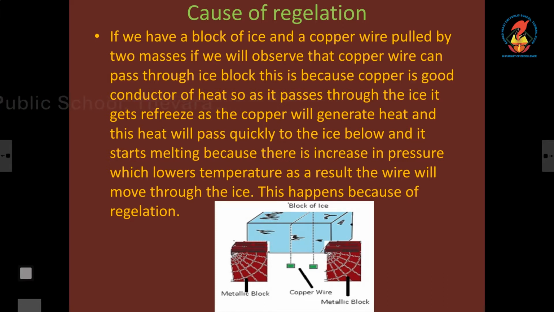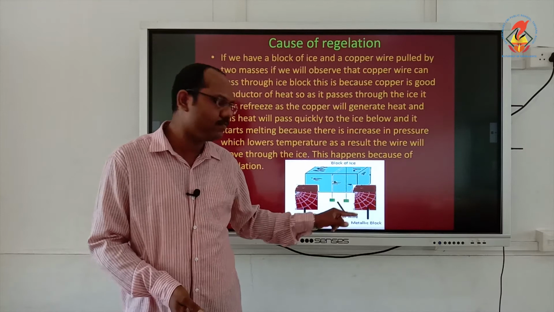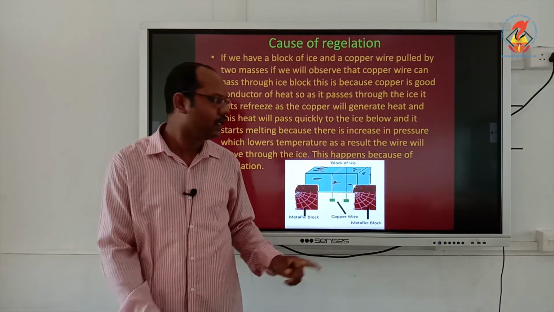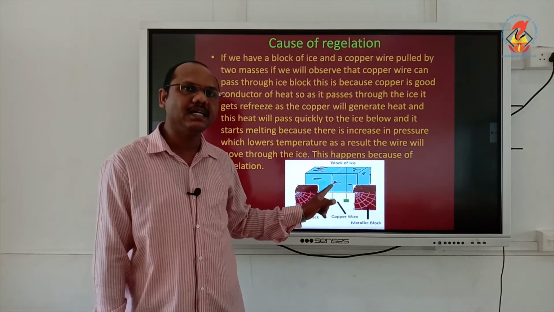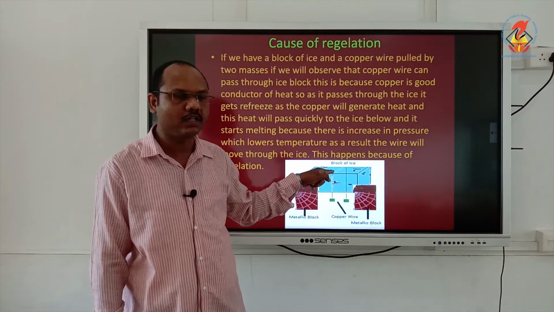Imagine I have kept two masses, two metallic blocks, and a block of ice is kept, and there is a copper wire and two masses are hung on the copper wire. That is what the figure is. Due to this mass, which I have marked in green color, there is a pressure acting on this region of the ice block.